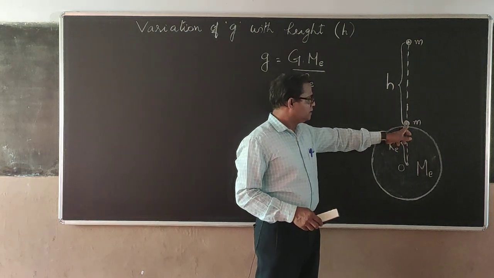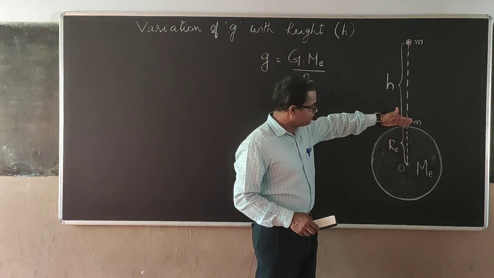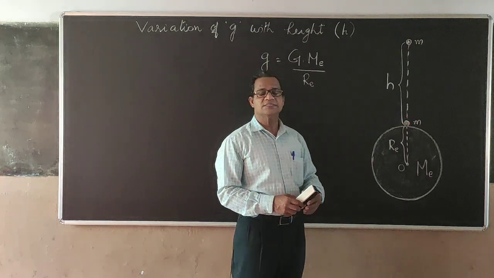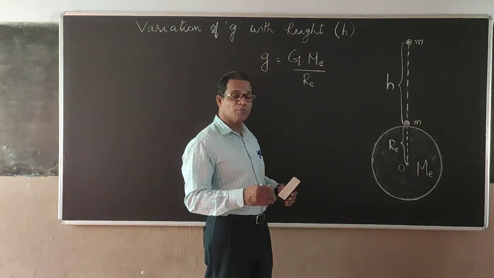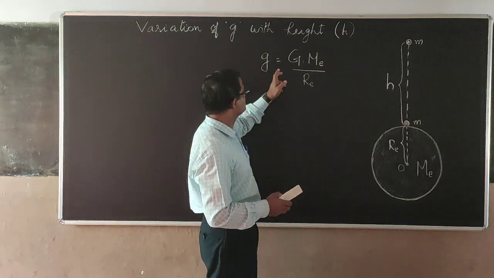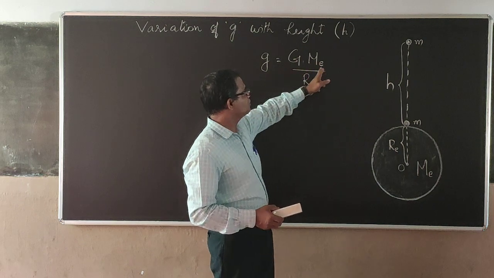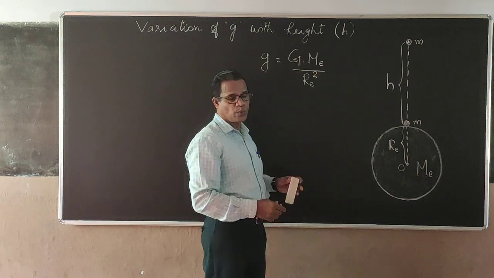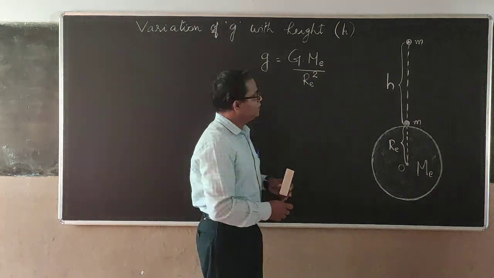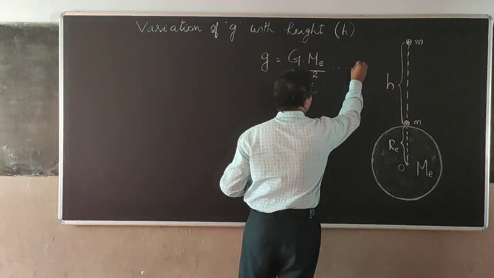Then the acceleration due to gravity on the surface of Earth, we consider it to be a constant approximately, and that is given by g equal to G into ME by RE square. So this is equation 1.